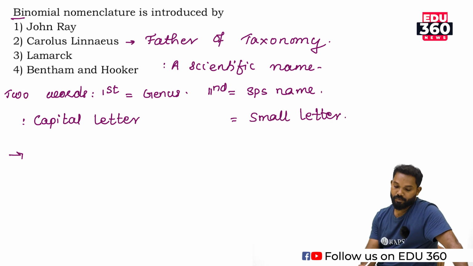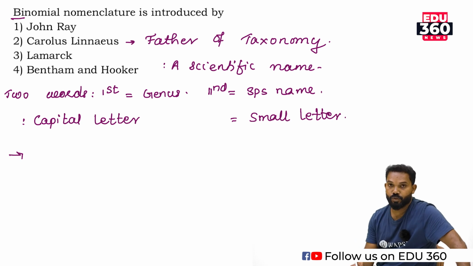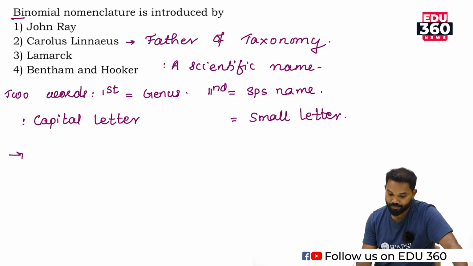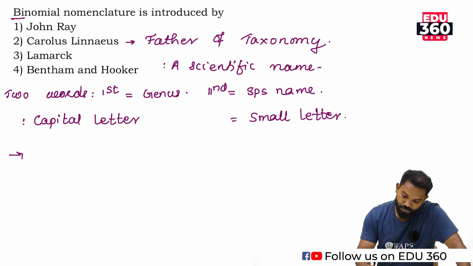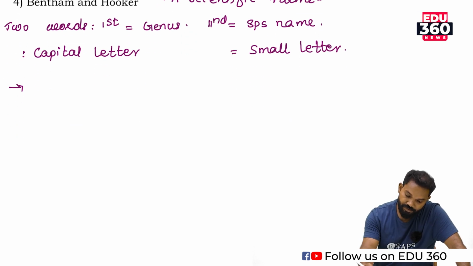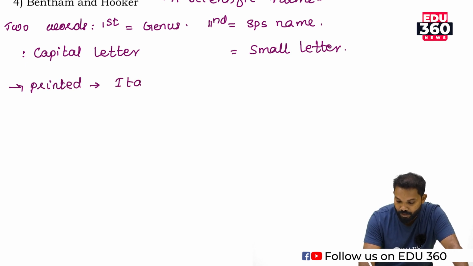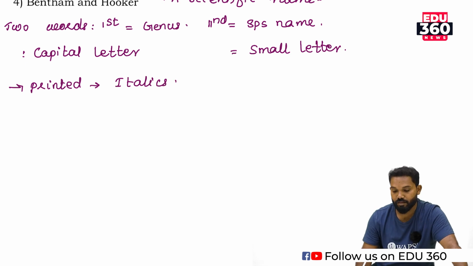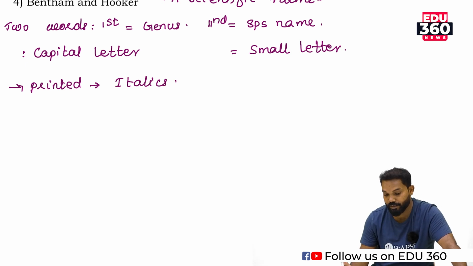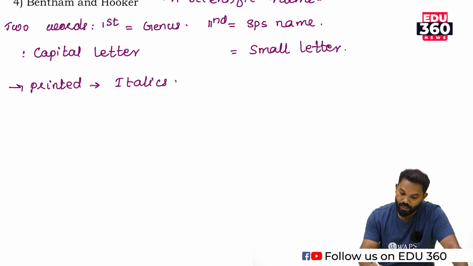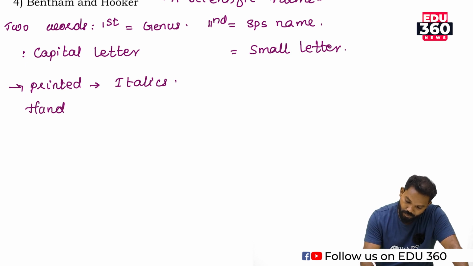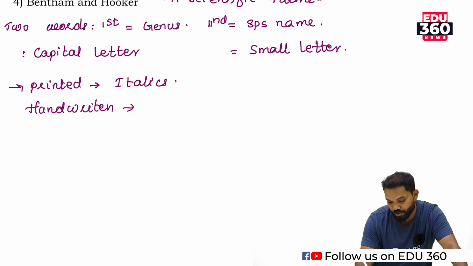The next rule of binomial nomenclature is that if the scientific name is printed, it should be in italics. It is very easy to recognize from other words. If it is handwritten, it should be underlined separately.